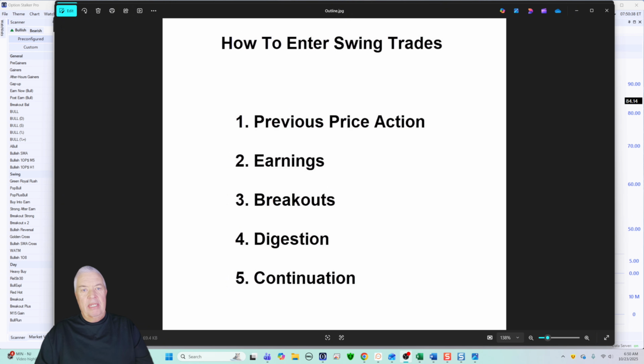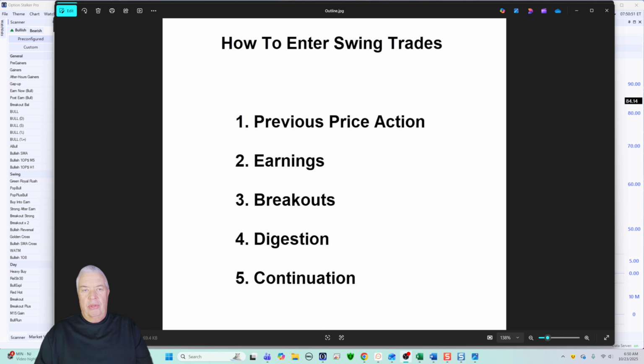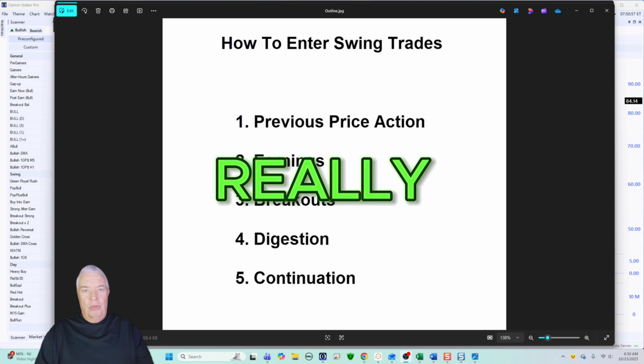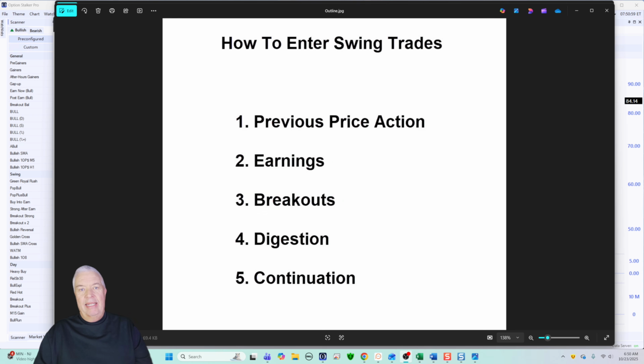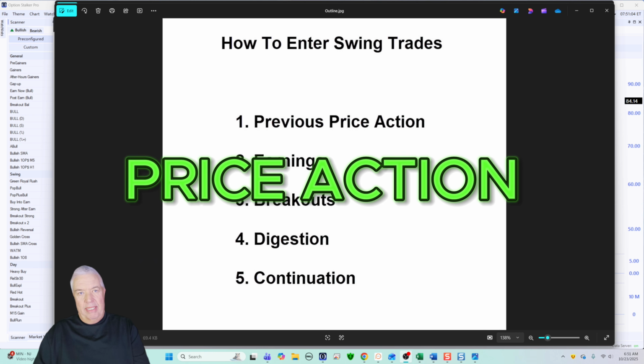Is this a company that's stodgy? Let's say Procter & Gamble, who makes consumer products like toothpaste. That's all boring stuff, and you're typically not going to get the type of price action that we're looking for after those earnings announcements. No, the type of reaction that we want to an earnings announcement is going to be really nice, steady, tight, orderly progress with tight price action.